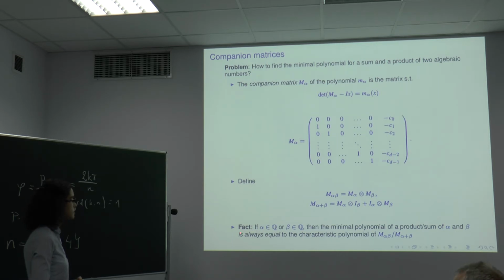However, it is not true in general. In general, this characteristic polynomial decomposes as a product of polynomials with rational coefficients, and one of these polynomials is the minimal polynomial of a product or of a sum.